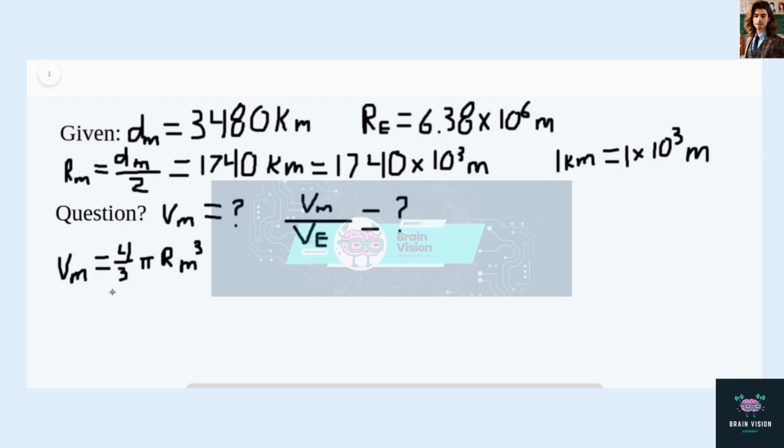If you plug in 1,740 times 10 to the third as your radius of the moon, this comes out to give you a volume of 2.21 times 10 to the 19 cubic meters.